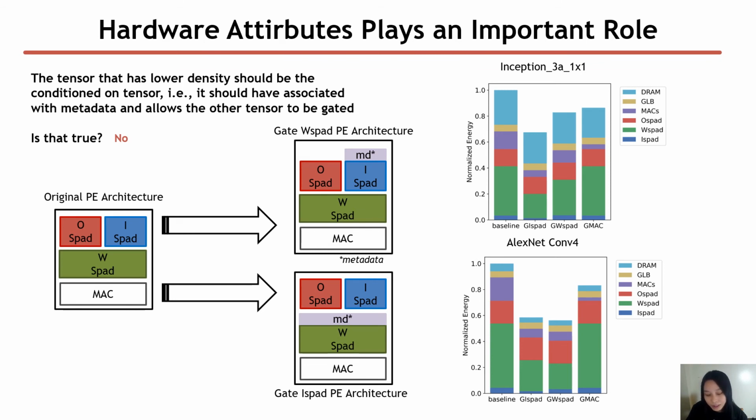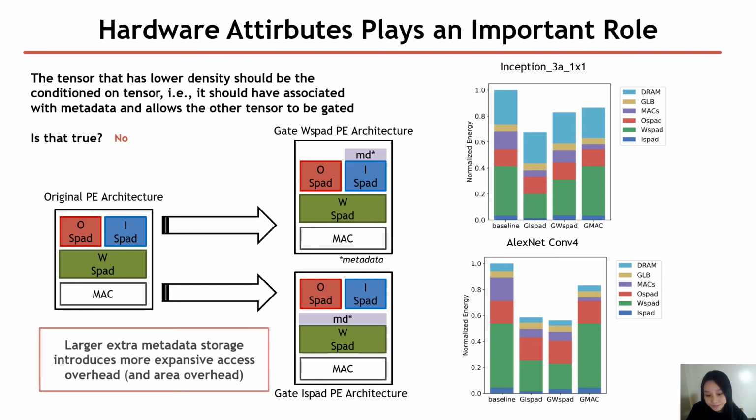And as you can imagine, the larger metadata hardware is introducing more energy per access for the metadata accesses when we're performing the gating. And this is exactly why, even if our weight has a lower density, gating based on it is not giving us better performance.